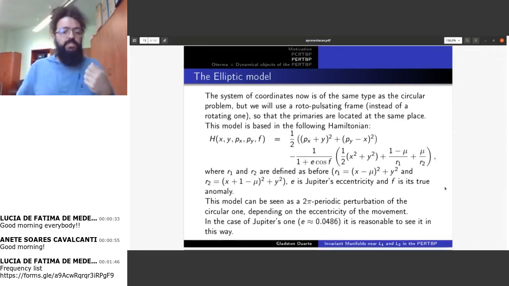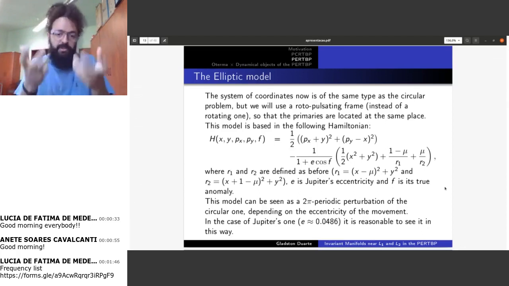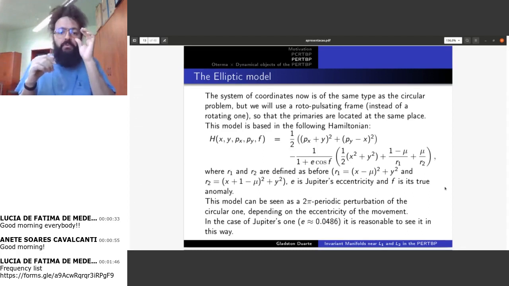So we went to the elliptic model, so the planar one. It's an adjustment, so it will have some effect, but we will handle it. But now we assume Jupiter and Sun move in elliptical orbits. This is the Hamiltonian for this new problem. f is what we call the true anomaly.